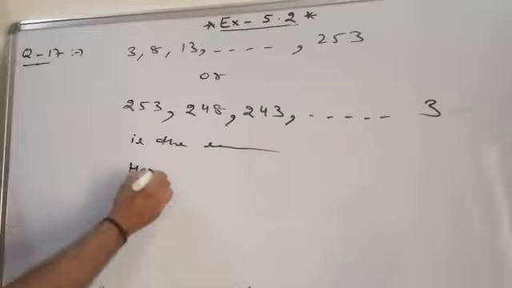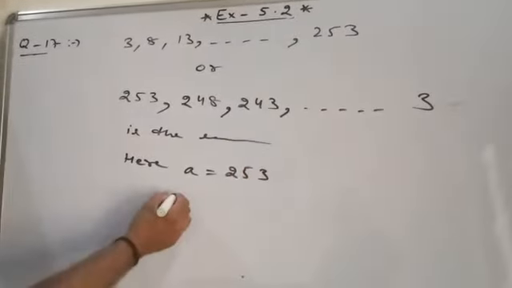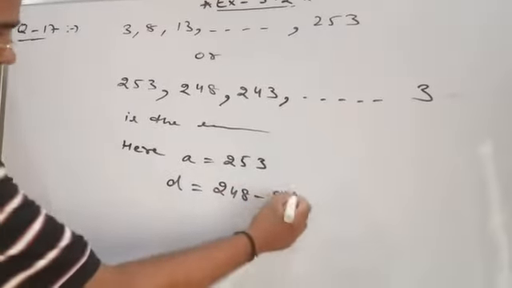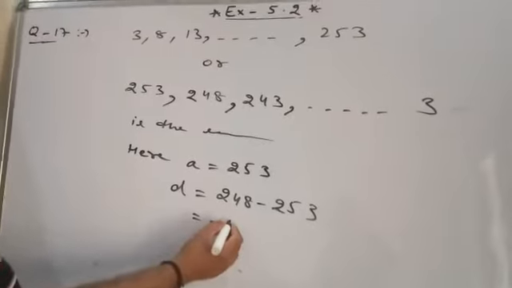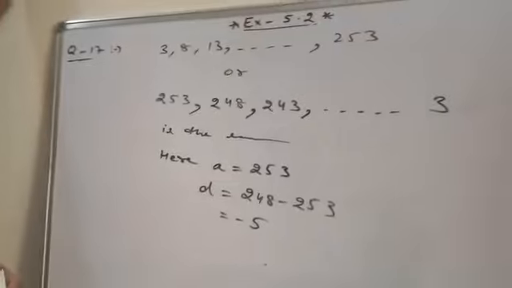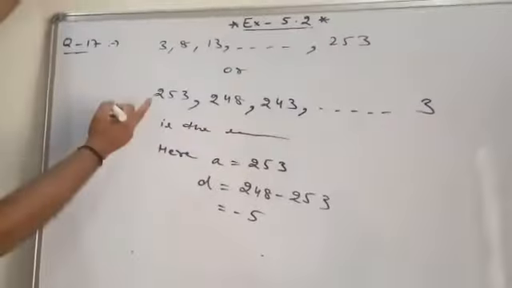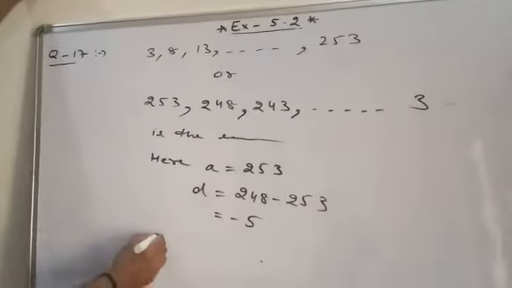Here A equals 253, D is 248 minus 253, that is minus 5. D becomes minus 5. They are saying 20th term from the end, but if we take it opposite, we take the starting 20th term.